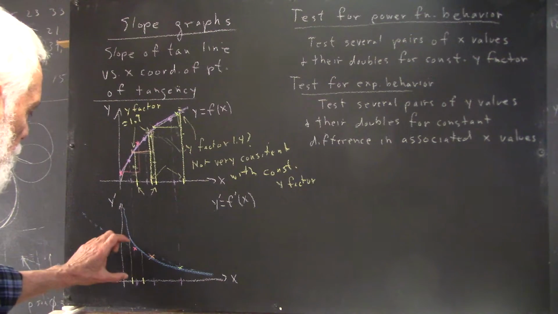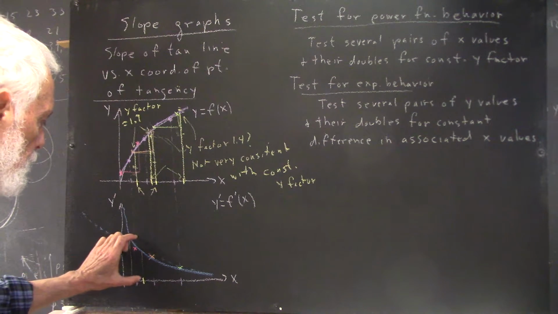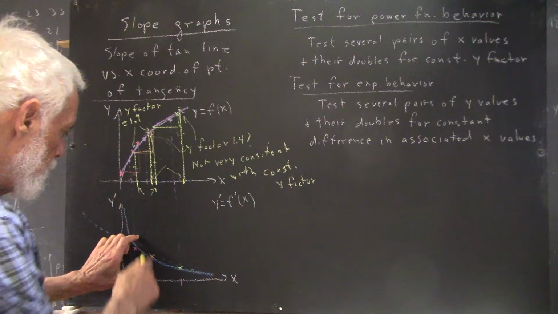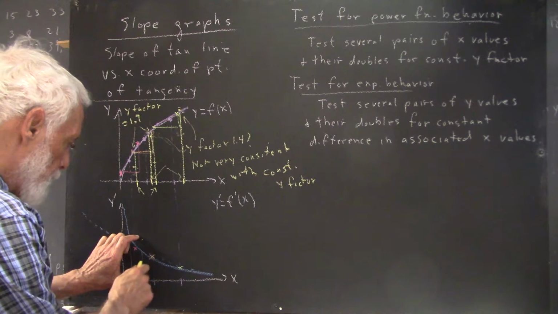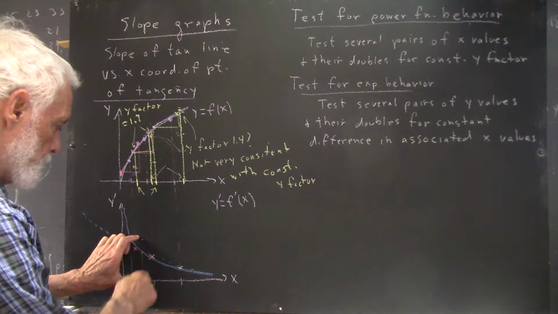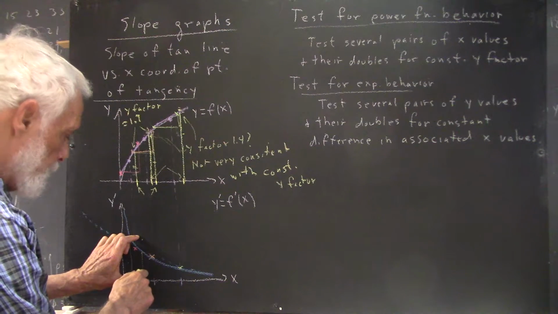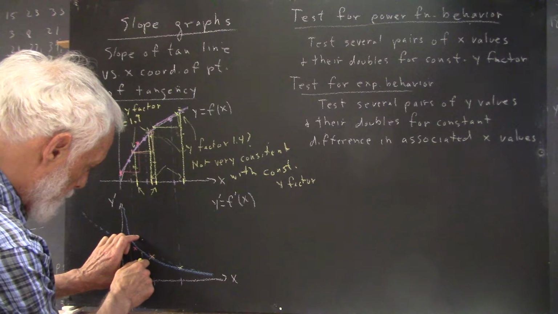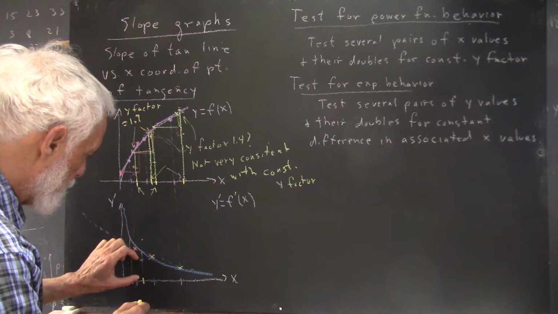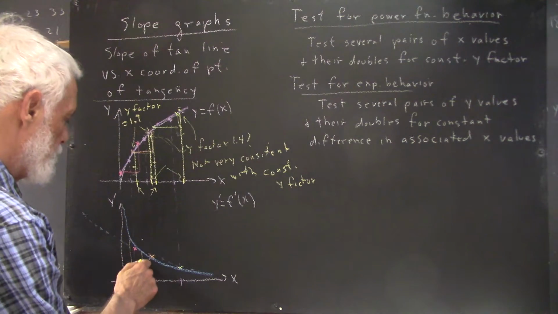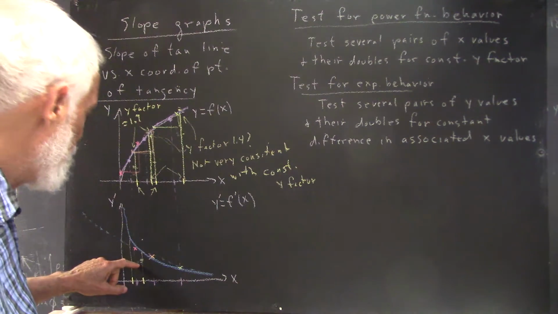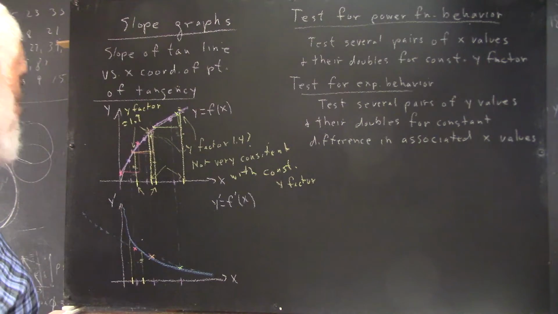Okay, so here's my original y value. My y factor here, well, it's clearly less, so the y factor is going to be less than 1. This y value is less than this. And if I cut this down to half, I'm going to be about here. Let's see, half. That's not too far off. So it's greater than half, so I'm going to say that's about 0.7.